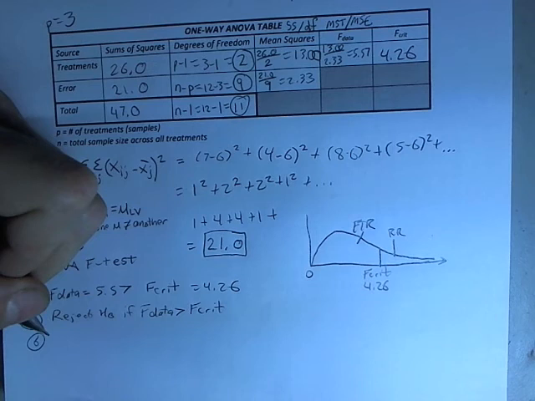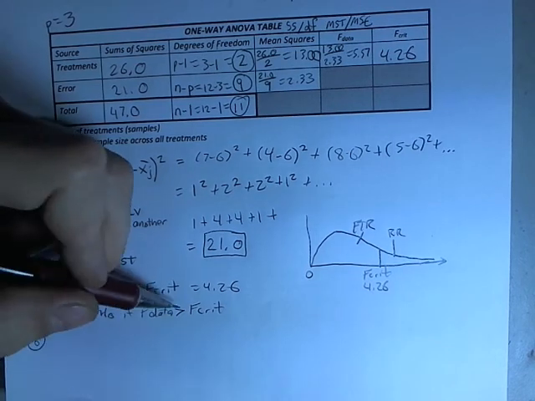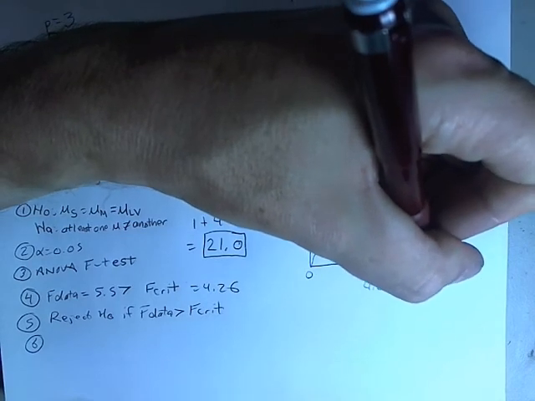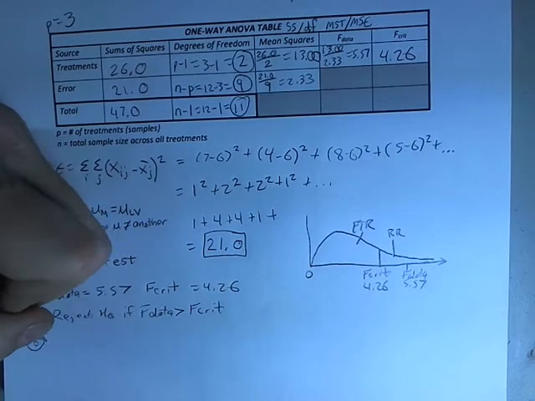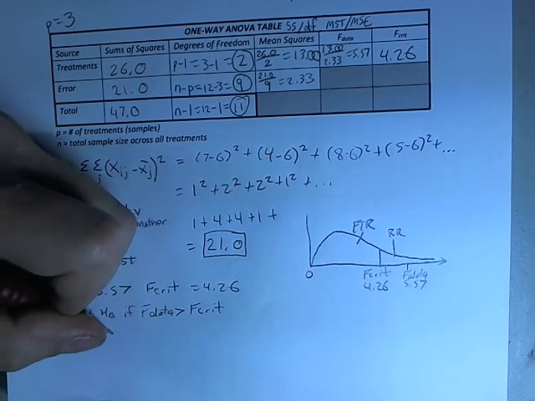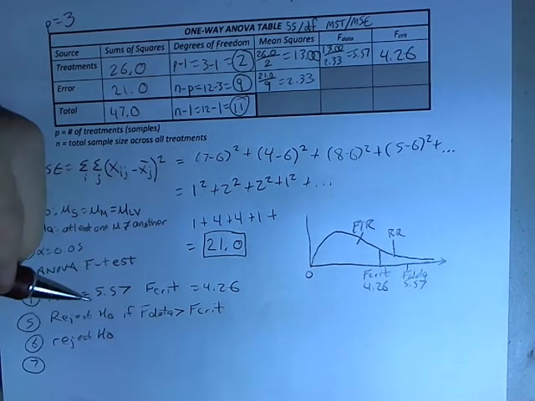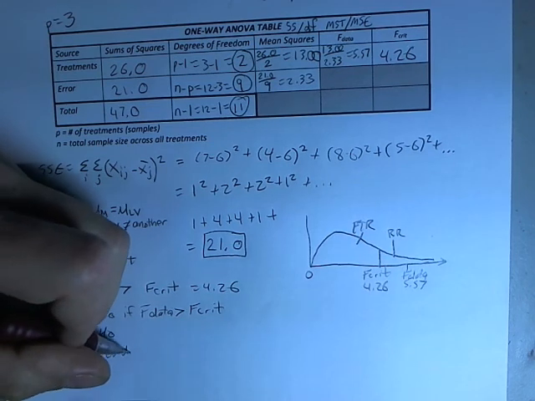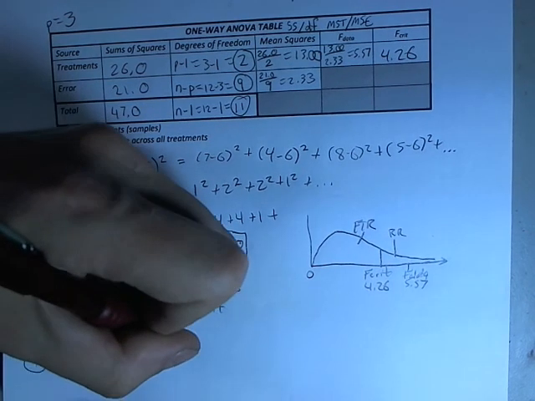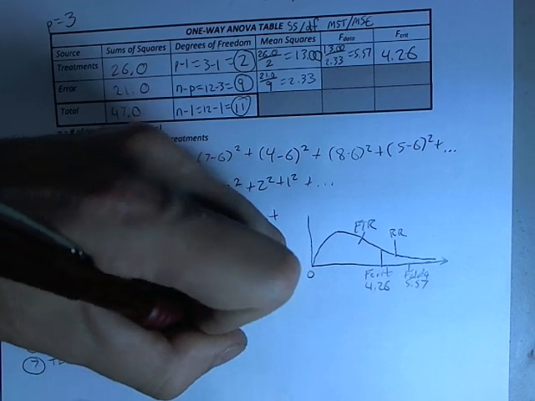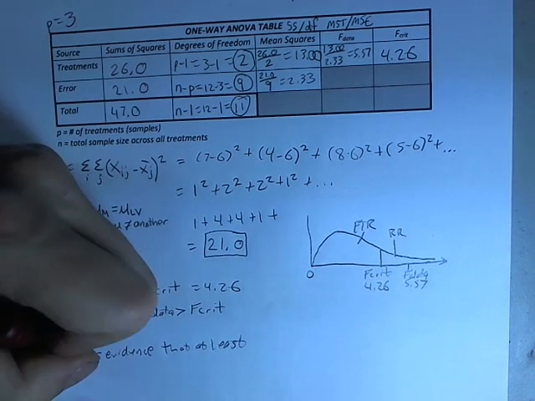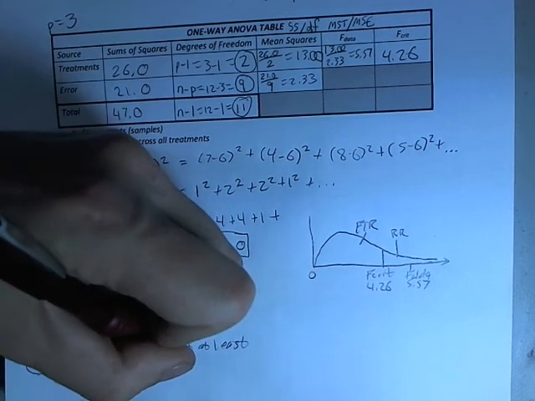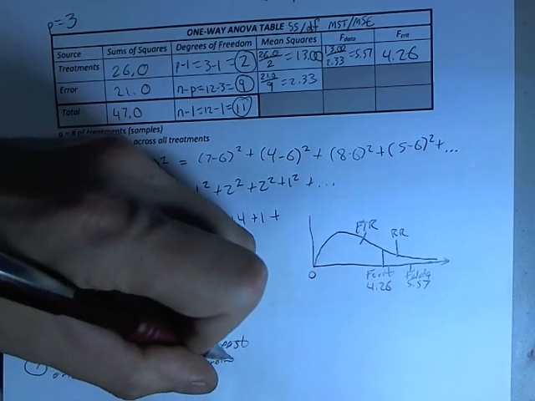And in this case, F data is greater than F crit. My F data is 5.57 compared to the F crit of 4.26. So my decision here is to reject H null. And finally, that allows me to say that there is evidence that at least one mean differs from another.